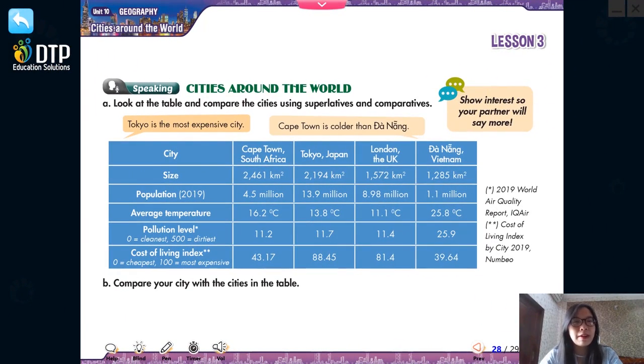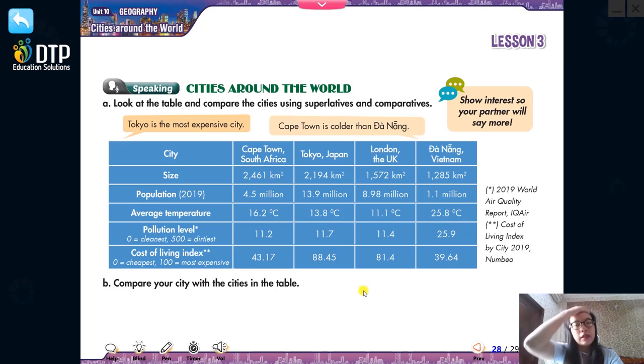The next part of our today's lesson is speaking about cities around the world. You have to look at the table and compare the cities using superlative and comparative adjectives. Now we have a table comparing size, population, average temperature, pollution level or cost of living index in the cities of Cape Town, South Africa, Tokyo, Japan, London, the UK and Da Nang, Vietnam. You will look at this data table, then we will make sentences using comparatives or superlatives to compare the cities with each other.